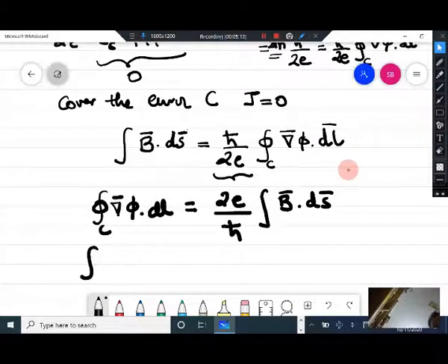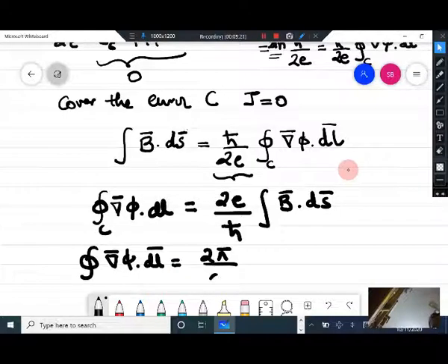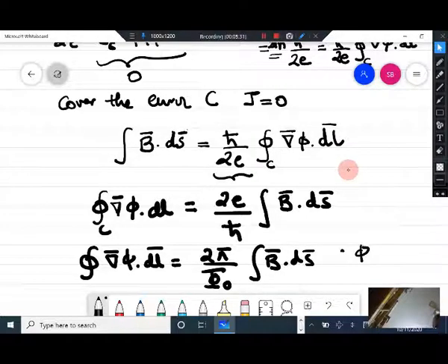So the integral over this curve of gradient of phi dot dl is equal to 2 pi by phi naught, where phi naught is the flux quantum, times the integral of B bar dot dS bar, where phi naught is nothing else but h by 2e.